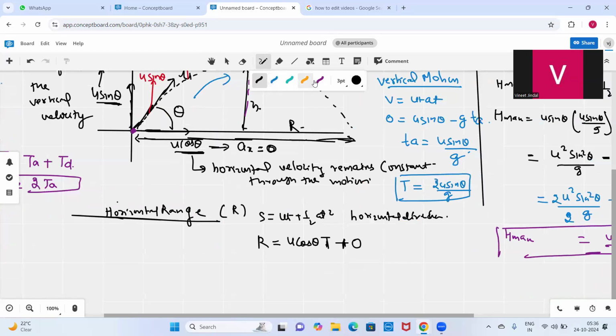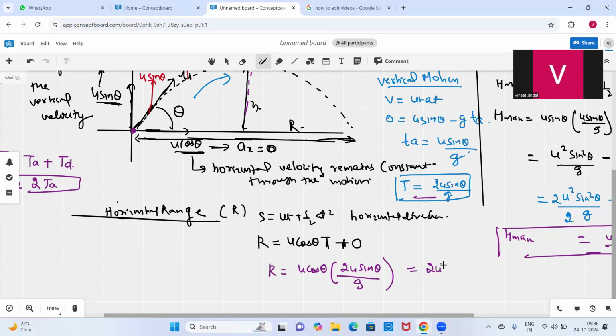Based upon this equation, R is equal to u cos theta, and the time, from the earlier expression, is 2u sin theta divided by g. So it is equal to 2u square cos theta sin theta divided by g.